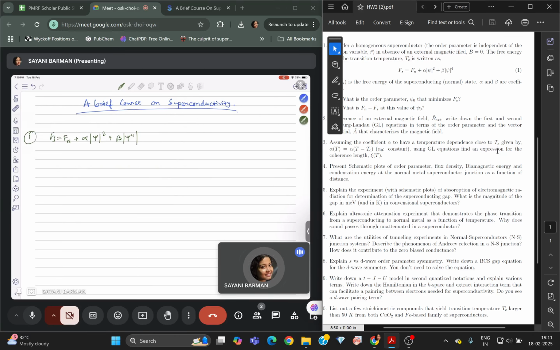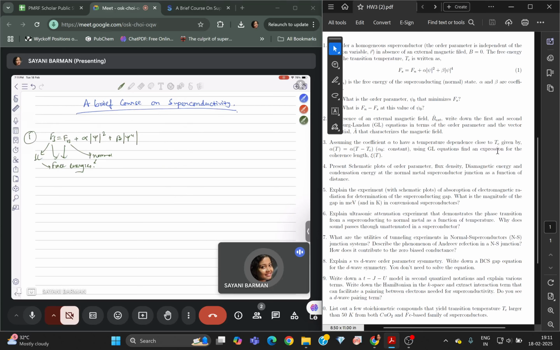Now, Fs and Fn are the free energies of the superconducting and the normal states. Right? This is for the superconducting state. This is for the normal state free energy.